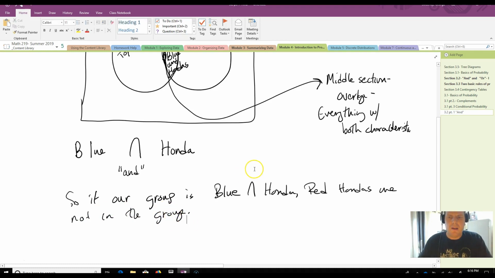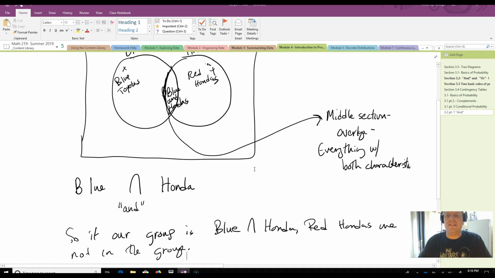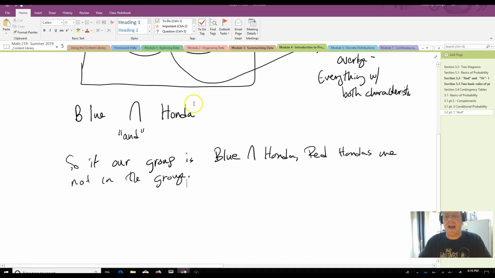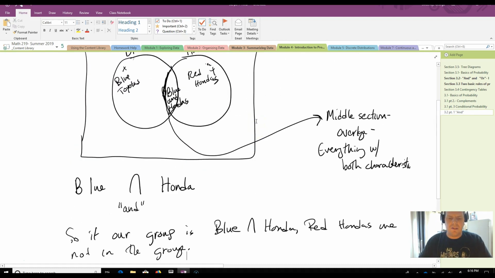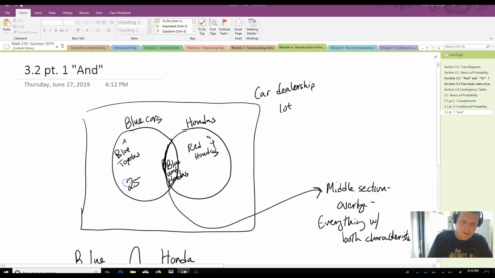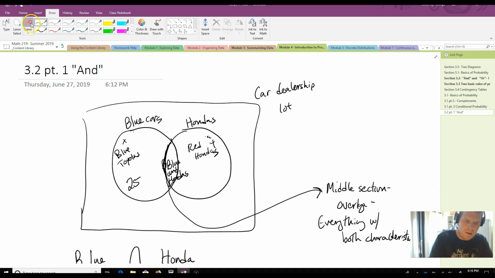Okay? Now, what that means is that this actually tells me some new things about how I'm going to end up counting my set. So let's say, for example, we have 25 blue cars. Okay? So actually, let's write it up here. So we have 25 blue cars. And we have 15 Hondas.